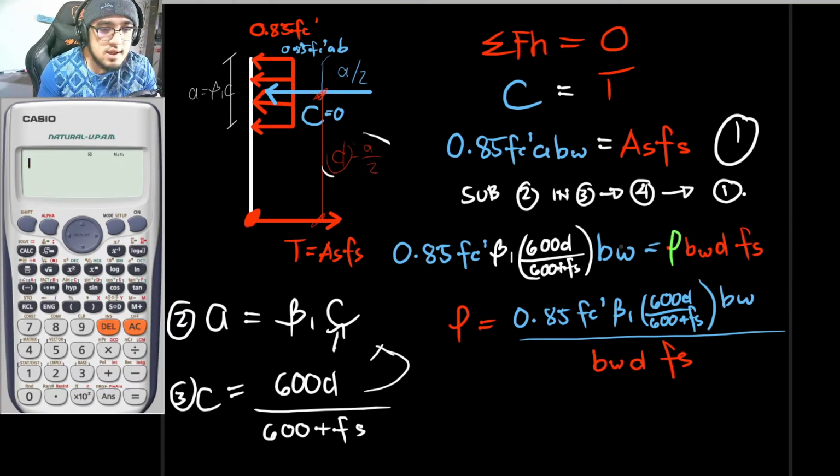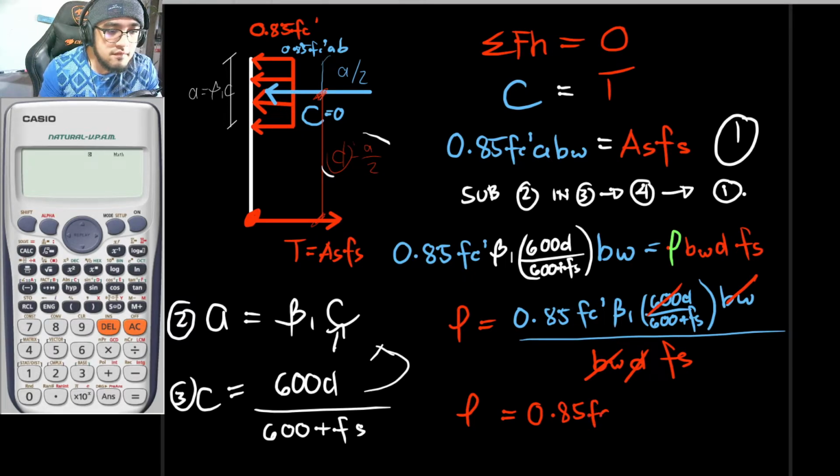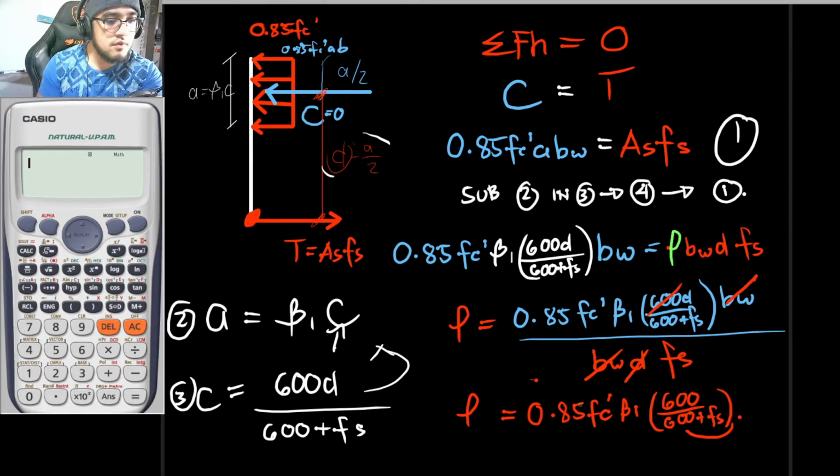So canceling the terms that need to be canceled, bw would cancel out and your d would cancel out. So with such, guys, our rho here is now equal to 0.85 fc prime times beta 1 times 600 over 600 plus fs, over fs.